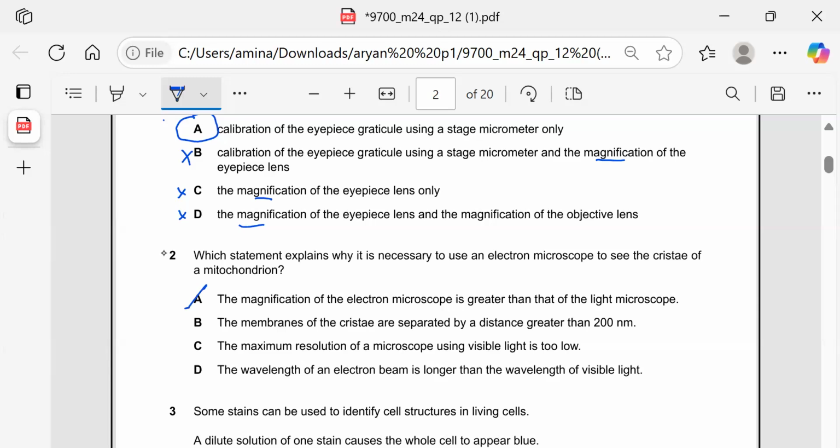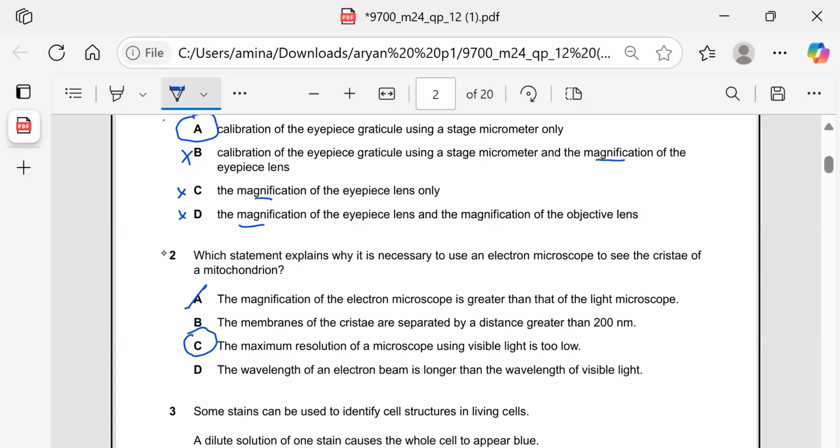The membranes of the cristae are separated by a distance greater than 200 nanometer. If it is greater than 200 nanometer, I should be able to see it with the light microscope. Okay. The maximum resolution of a microscope using visible light is too low. Because the resolution of the light microscope is 200 nanometer, we cannot observe anything whose size, or the distance between, is less than 200 nanometer.